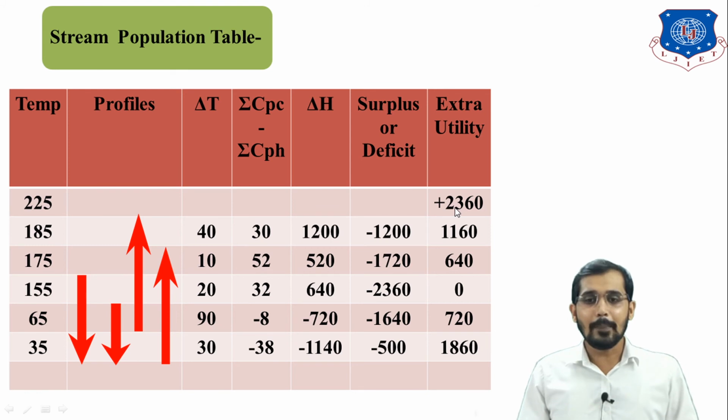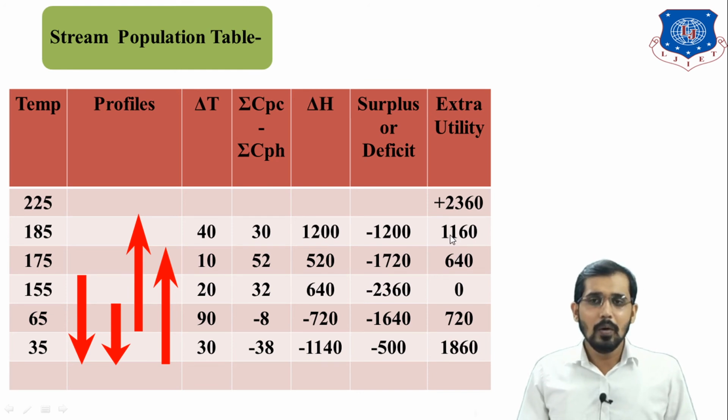Okay. After that, now you have to calculate extra utility. How to calculate these values? You can see here 2360, this value minus delta H, means extra utility minus delta H. So 2360 minus 1200, this is nothing but 1160.